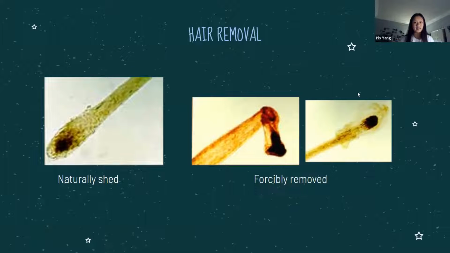Then say someone is chasing after you, grabs your hair and pulls it out. That's kind of really aggressive, but just say that happens and you're investigating a crime. The hair could look like this, bent at the top, or it actually pulls out more of your scalp, your skin. So that's just some cool imaging to know.